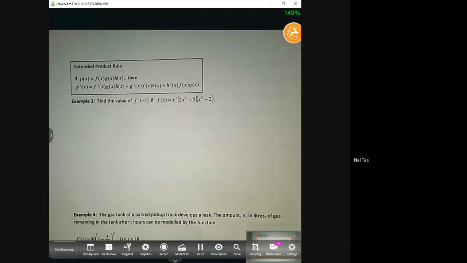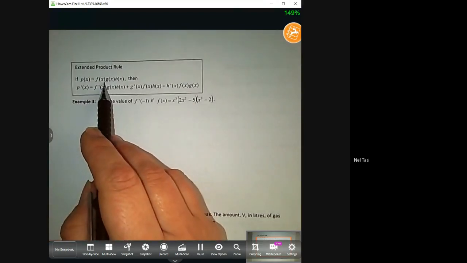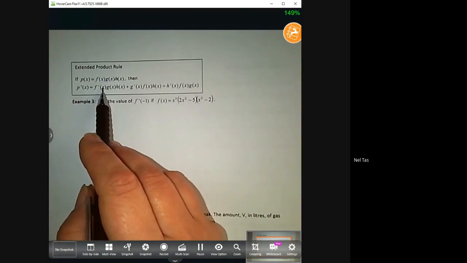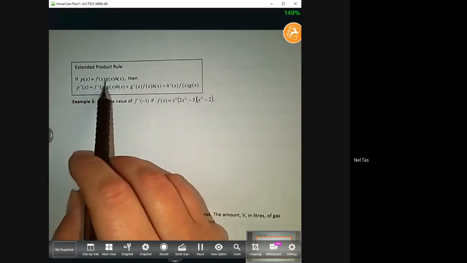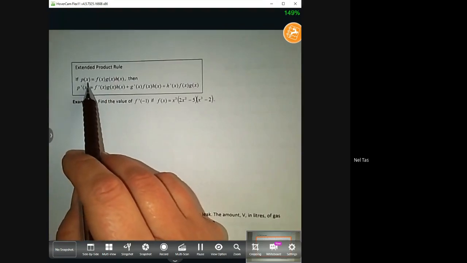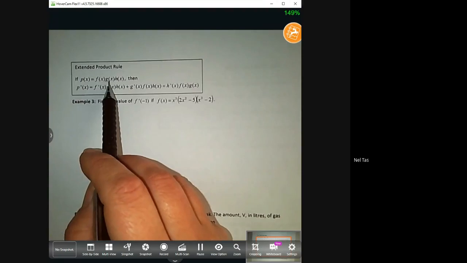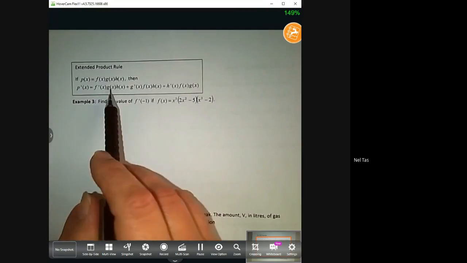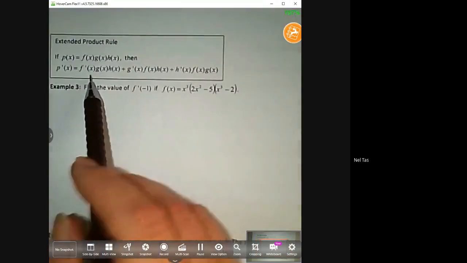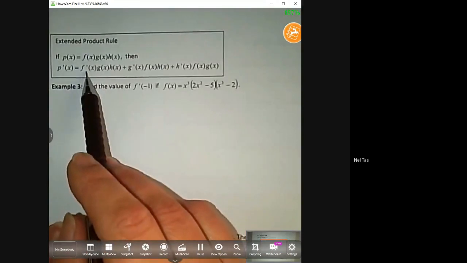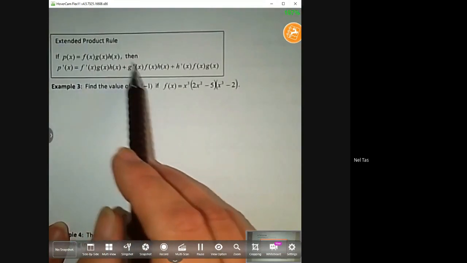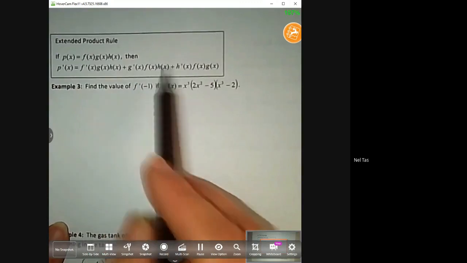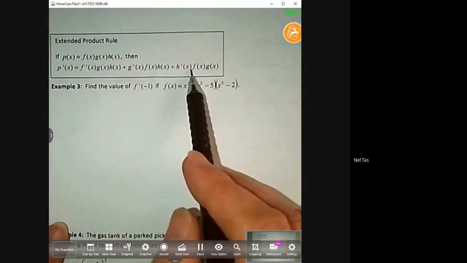So we have also the extended product rule. If you don't have only two functions, but this time three functions that are multiplied, then we use this extended product rule. So if P of x is f of x times g of x times h of x, then when you take the derivative using the product rule, it is derivative of f times g and h, plus derivative of g times f and h, plus derivative of h times f and g.